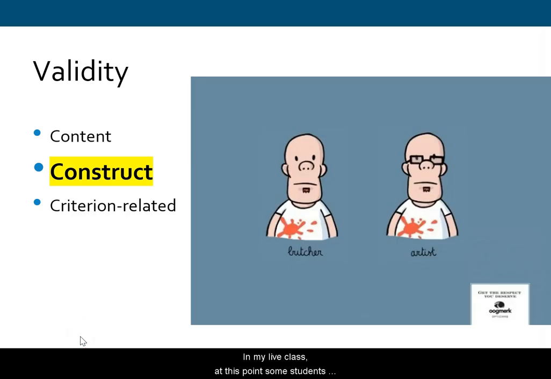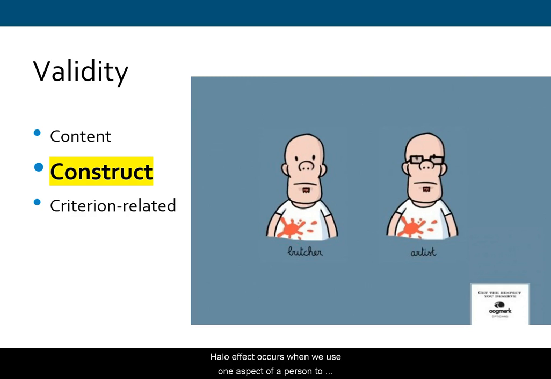In my live class, at this point, some students will comment that they can tell a person's intelligence by how they look. They might say something like, "I can usually tell if a person is smart or not by looking at her face." Do you think facial features is a valid measurement for intelligence? Definitely not. In fact, this kind of statement is a classic perception error we make, called halo effect.